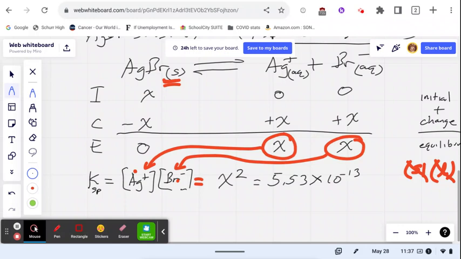If you have x squared as your variable, how do you solve? Well, you take the square root of x squared to get x by itself. And since you took the square root of the left side, you take the square root of the right side.